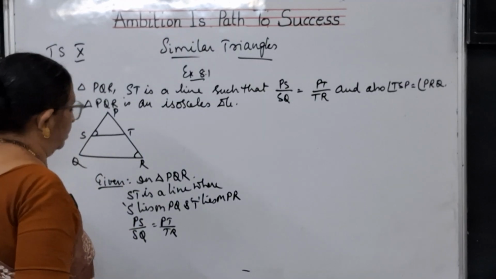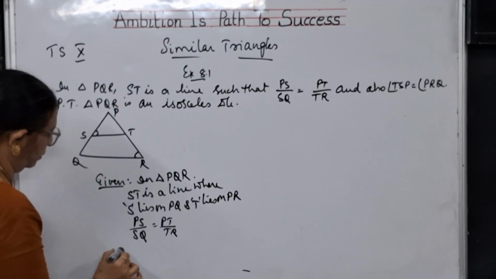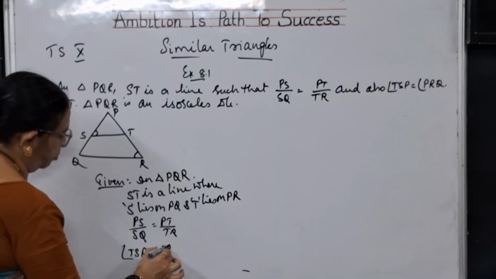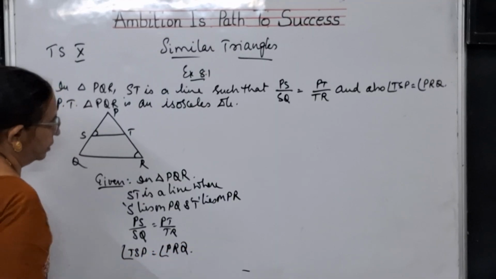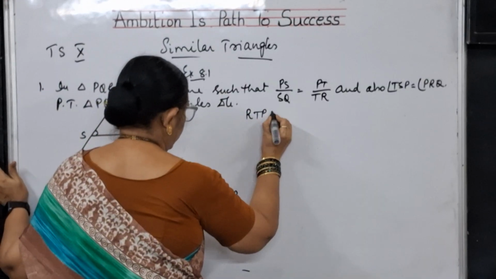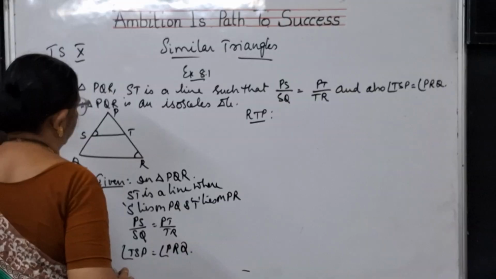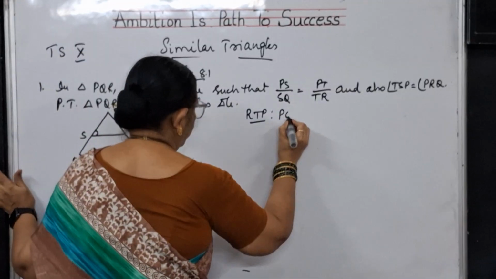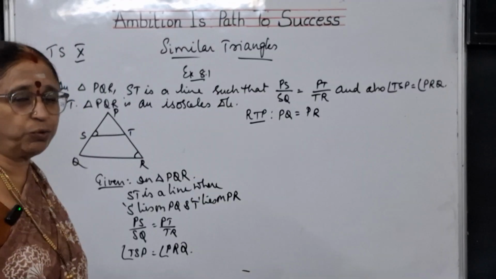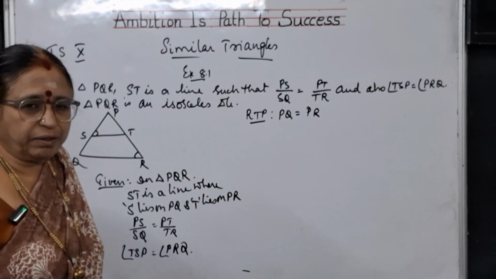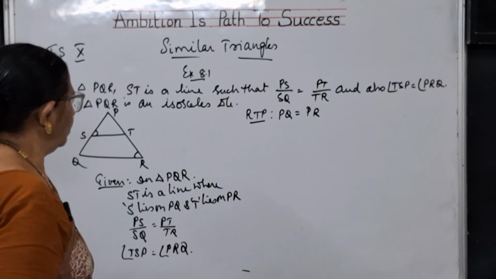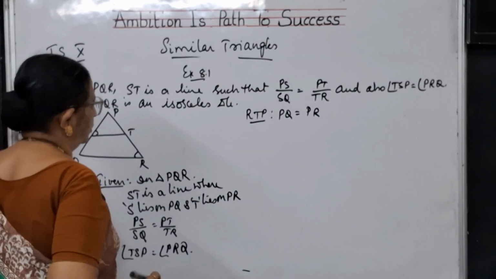Apart from this, angle TSP is equal to angle PRQ. This is all what they have given to us. What is RTP? You have to prove that PQ is equal to PR. Then only you can say, when two sides are equal, then only we can say that it is an isosceles triangle. So PQ is equal to PR, we need to prove.